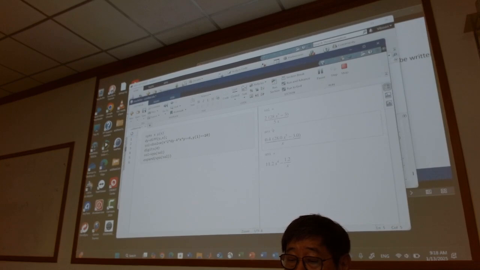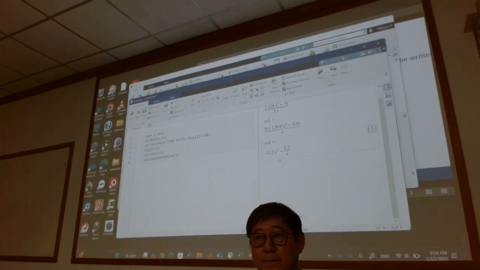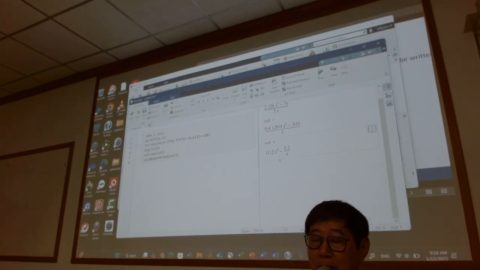Instead, you change answer to sol. Expand. They don't have a receiver, so they put answer here. If you want to change this one, sol equal to this one. So now sol is equal to this one.